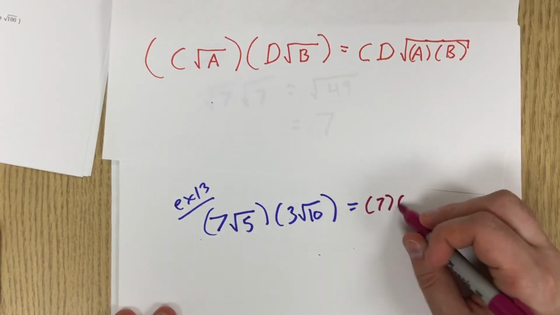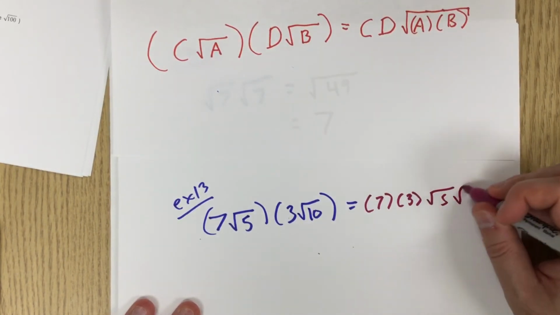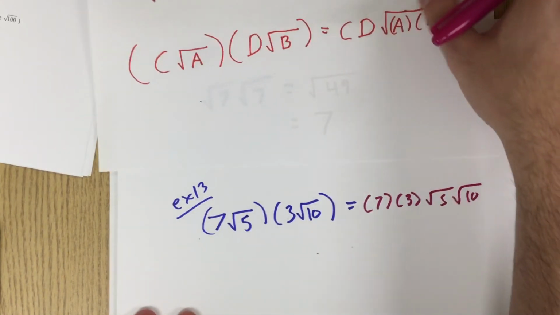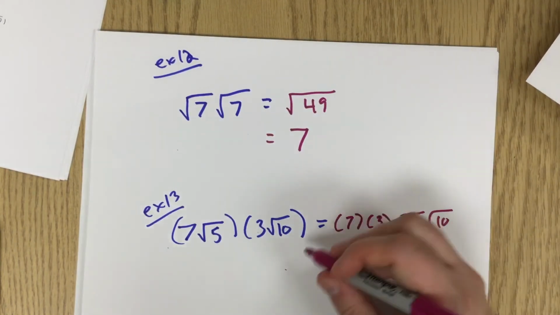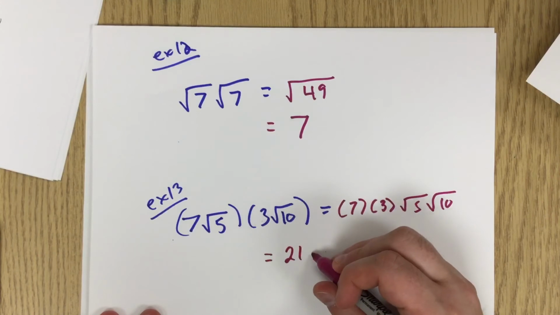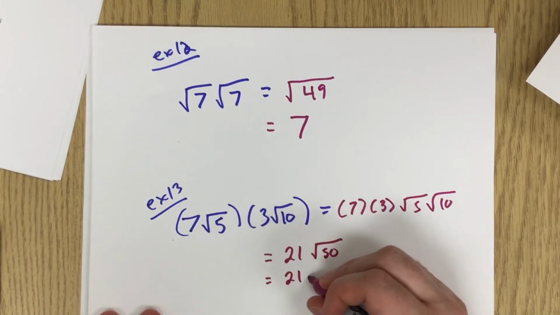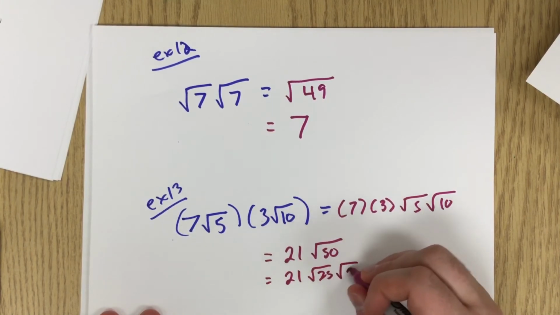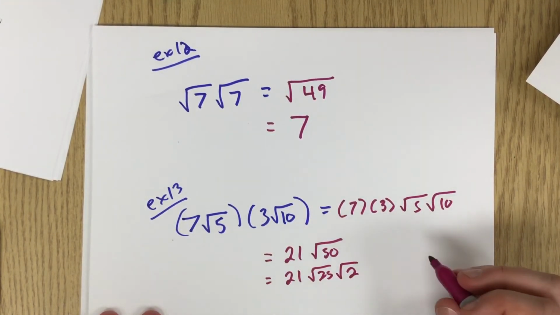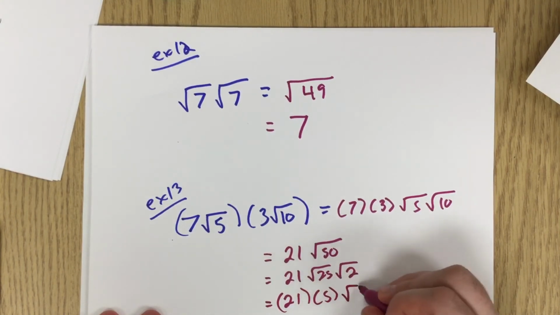It's going to be 7 times 3 times root 5 times root 10, which is 21 root 50, which is 21 root 25 root 2, which is 21 times 5 times root 2.